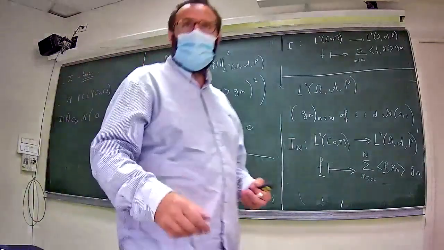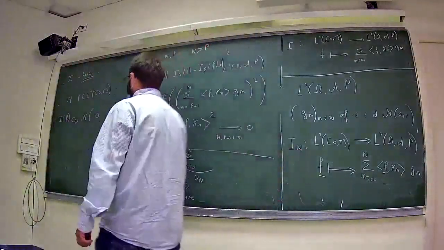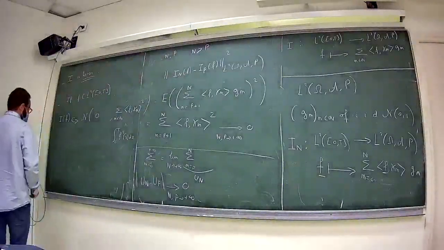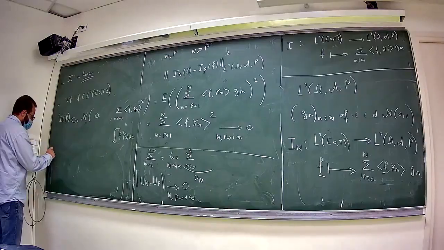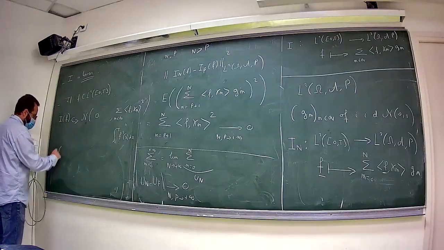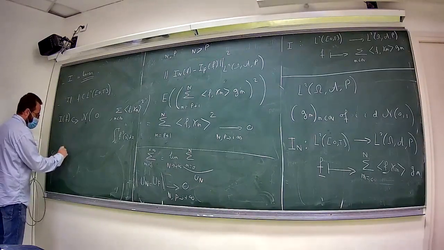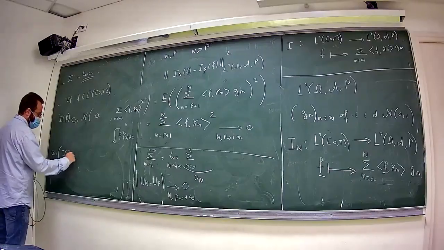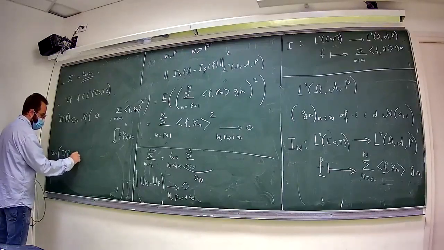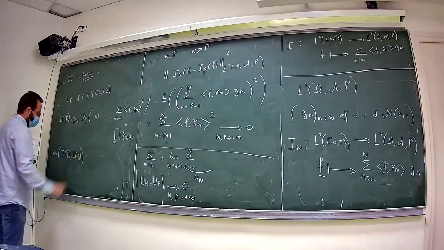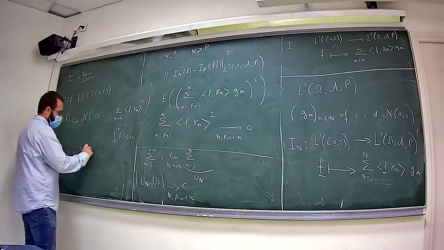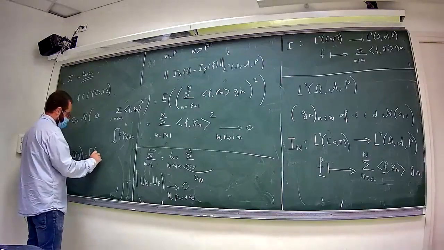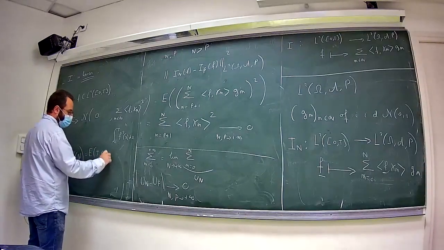Last little property fulfilled by these two. Can you tell me what is the covariance between I of f and I of g? In this case they are centered, so the covariance is just the expectation of the product.